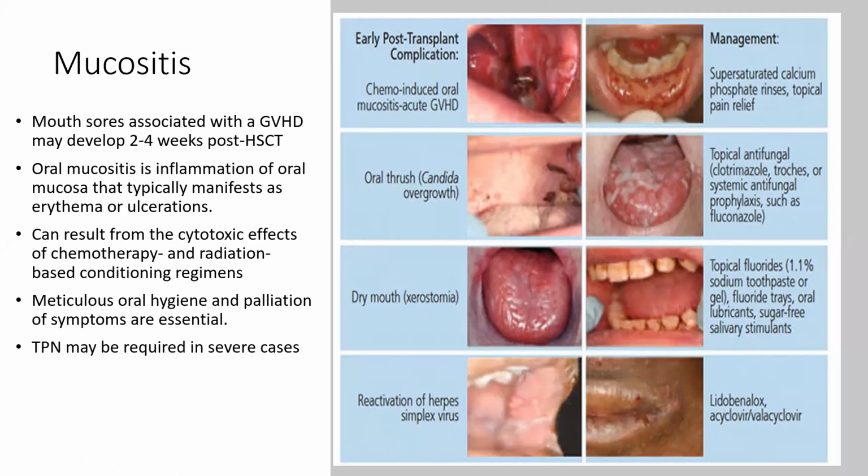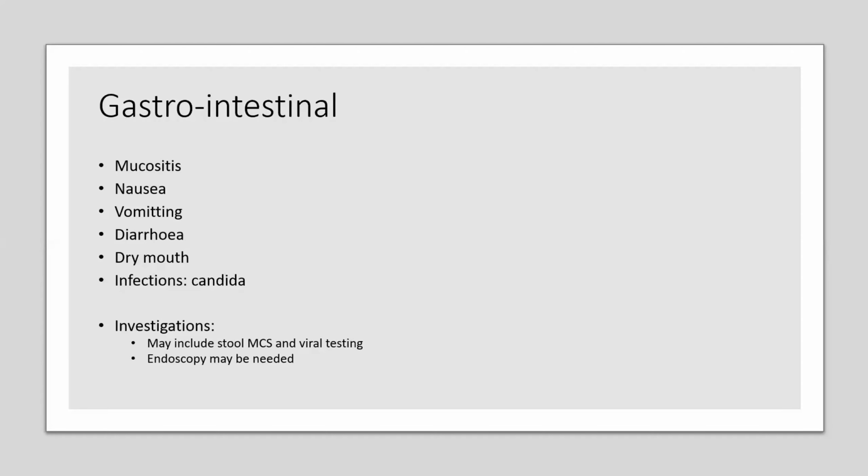However, patients should have good oral hygiene, and if possible, prior to transplant, whatever dental work needs to be done should be done. Mucositis actually can become quite severe and may require total parenteral nutrition as well. So mucositis can be quite debilitating for patients post-transplant.